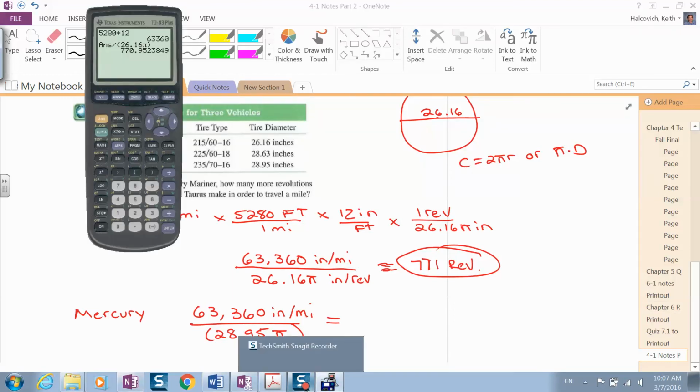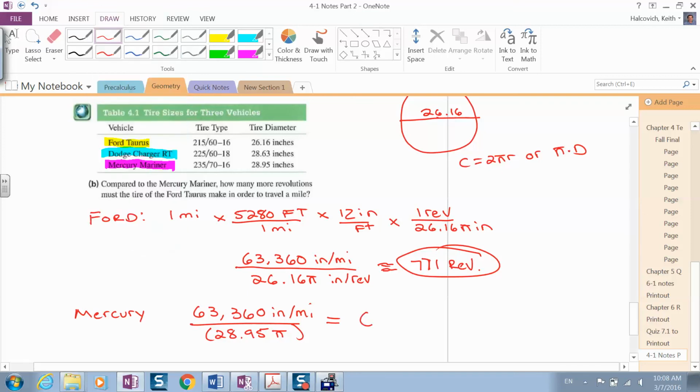So on our calculator, 63,360 divided by 28.95 pi gives approximately 696.653 revolutions, which we round up to 697 revolutions.